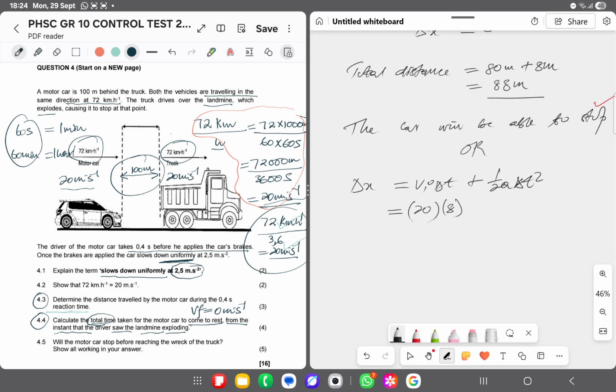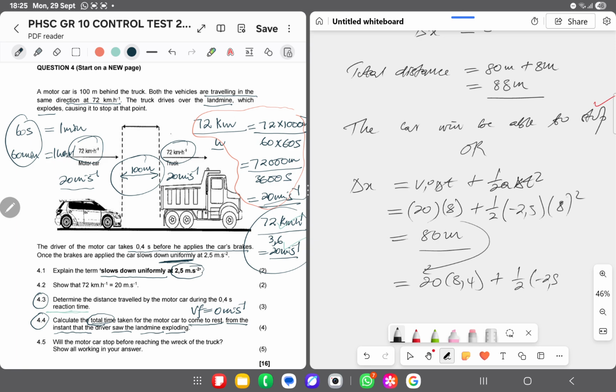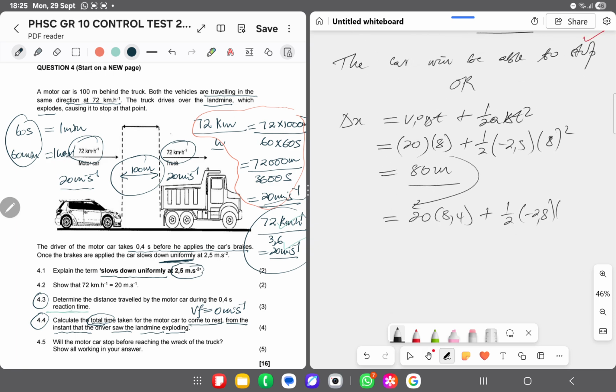If you want to use 8.4 seconds, you're going to get 88 meters. But if I'm using 8 seconds, then I know the acceleration will be negative 2.5, so negative 2.5, then 8 squared. We can try the same formula with 20 times 8.4 plus half of negative 2.5, with 8.4 squared.